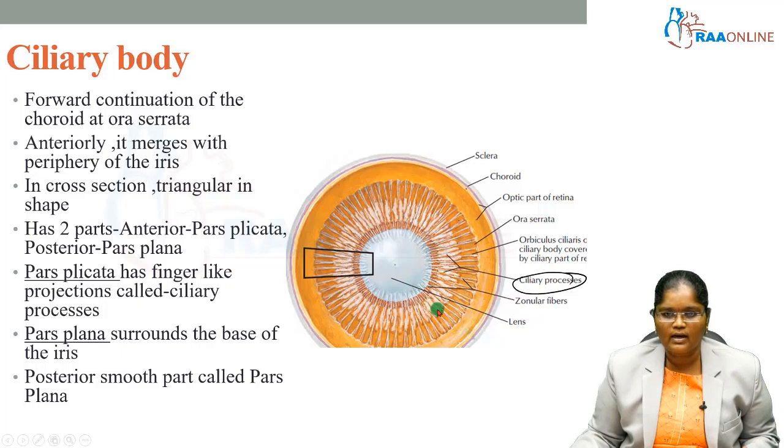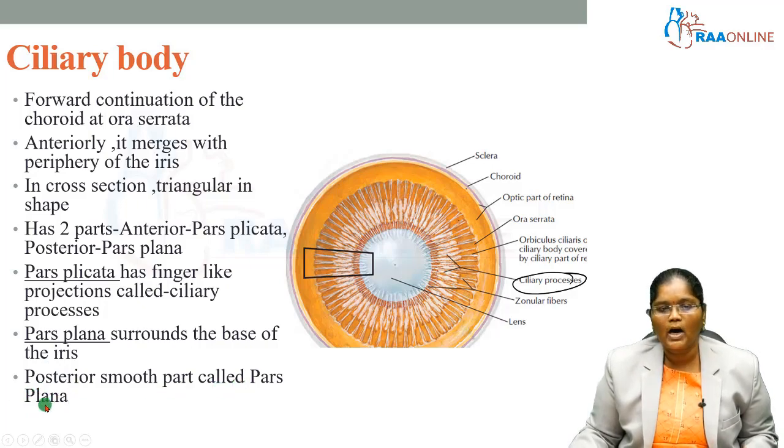Here you can see white finger-like processes, that is called the ciliary process, and it is surrounded by a smooth brown area, which forms the posterior smooth part of the ciliary body called pars plana. Since it is smooth, it is named pars plana. Since it has irregular processes, the ciliary process is called pars plicata.